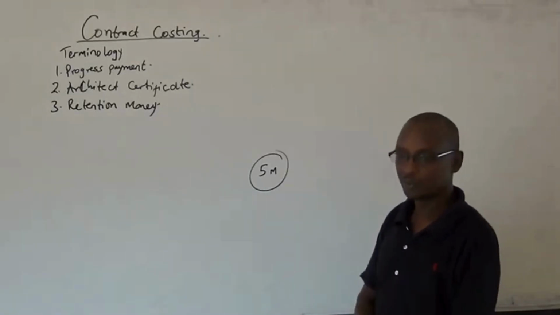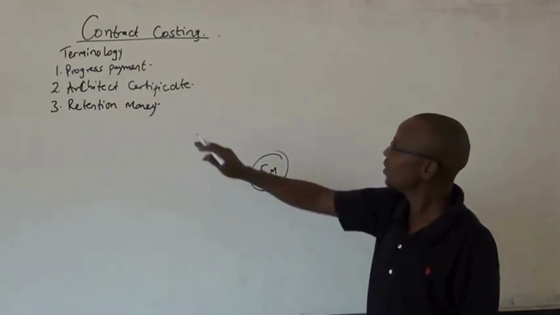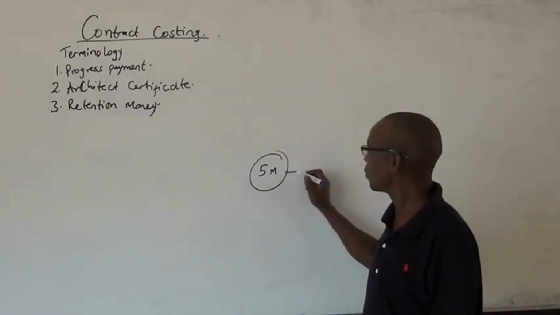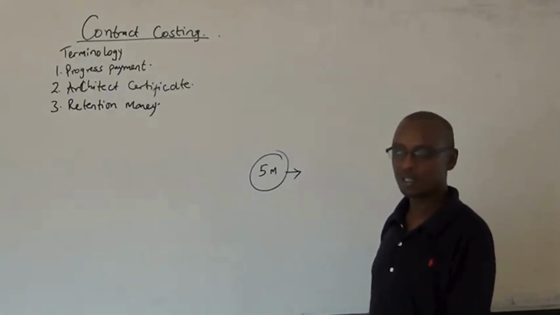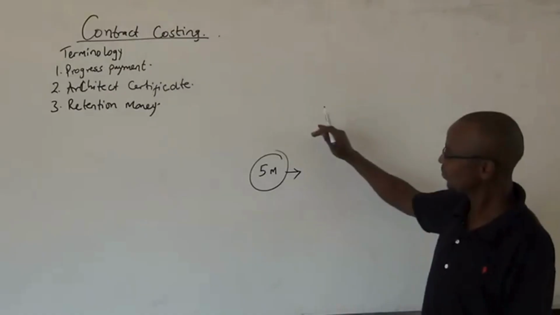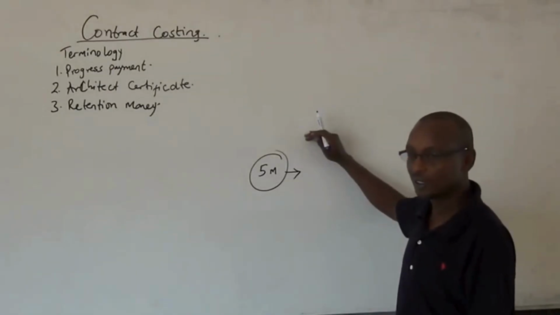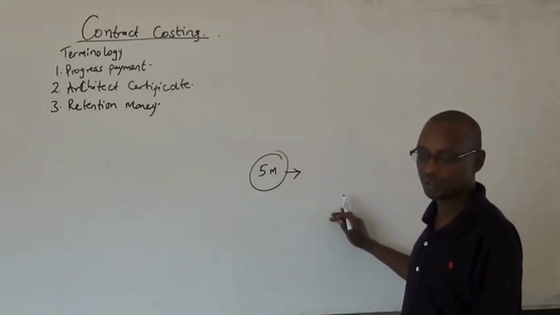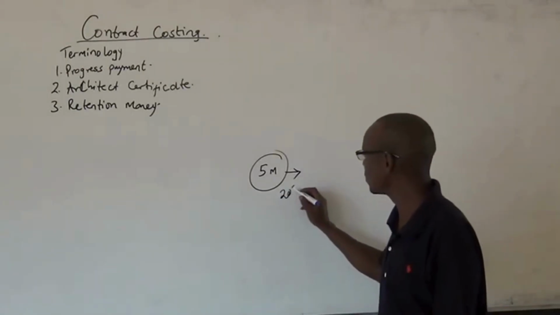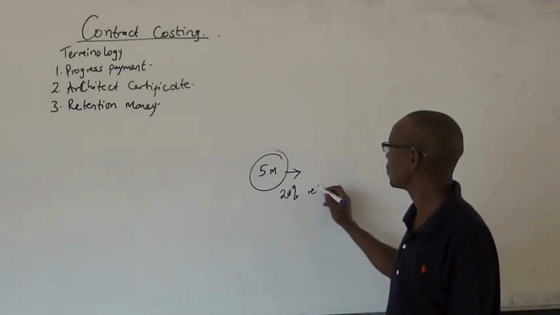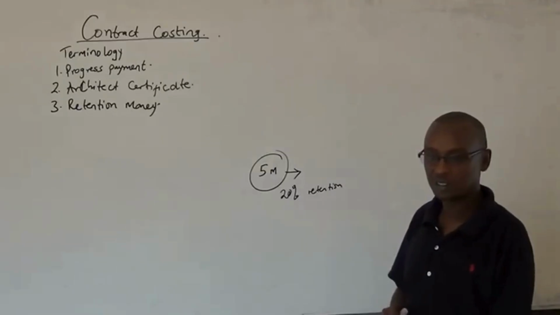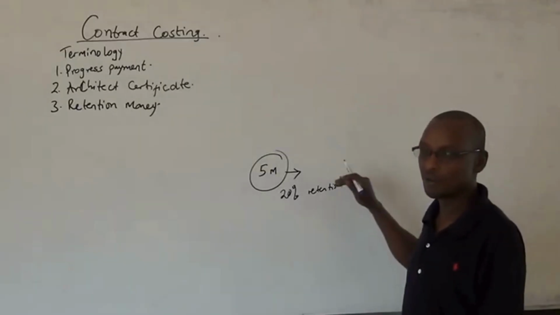Just an example. Okay? Then the architect comes and he certifies this work, it's okay, it can be paid that amount. But the customer does not pay the whole amount. There is an agreement that there will be a 20% retention. He will be paid less some amount.